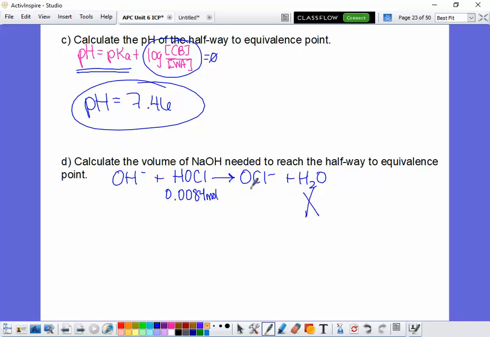We don't care about water. We originally had none of the OCl minus. We need to add enough OH minus so that we end up with equal amounts of HOCl and OCl minus. So how much of this needs to be neutralized? Half of it. So we need to add enough of this to neutralize half.